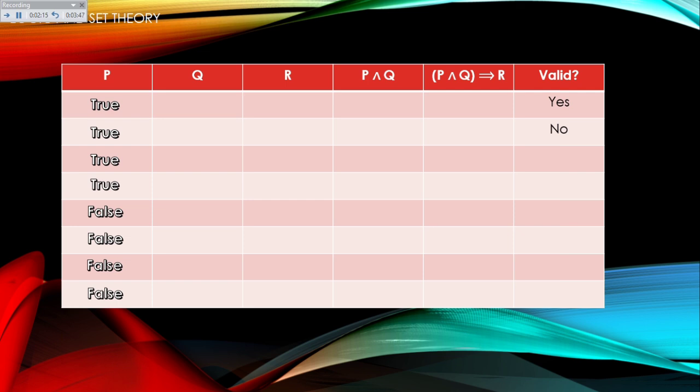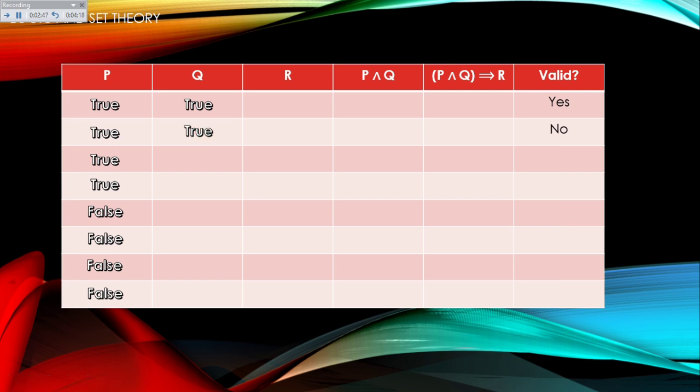If P is true from column 1, then Q is written true, represented by the combinations of your premises. Then P is true and Q is true again.